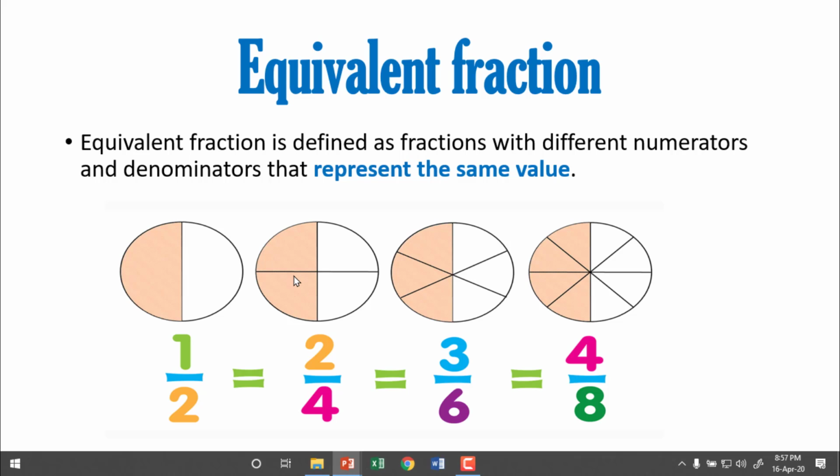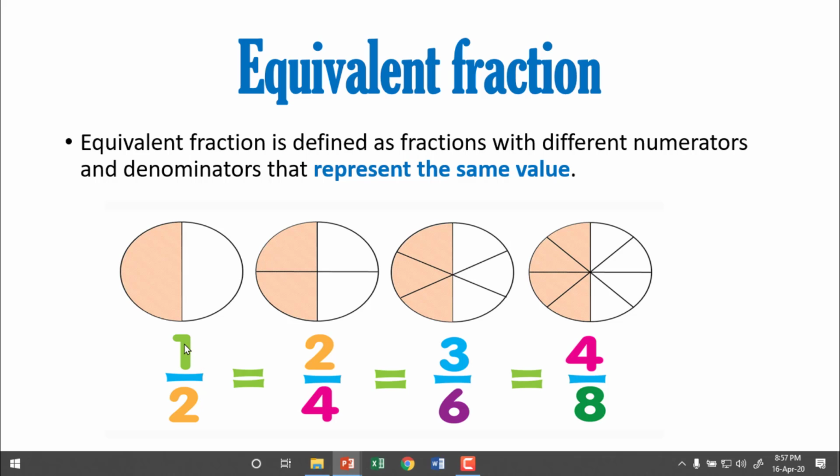See this one. The same circle, if we divide it into 4 equal parts, 1, 2, 3, 4, and out of 4 parts, if we color 2 of them, then we can write the fraction as 2 by 4.